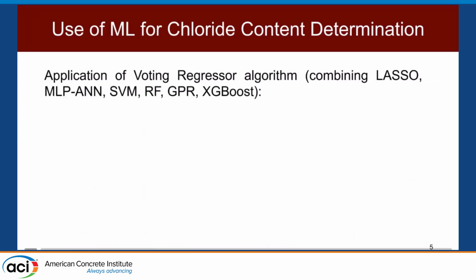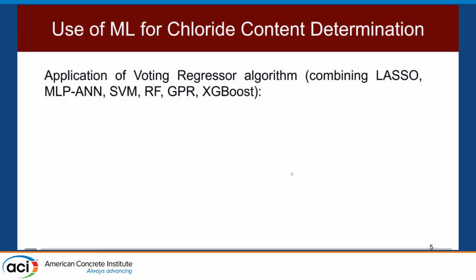And also I have some example application of a machine learning approach, specifically what we call a voting regressor algorithm, being itself a combination of different approaches, namely what we call the lasso approach, the multiple layer perceptron artificial neural network, support vector machines, random forest, Gaussian process regression, and also extreme gradient boost.